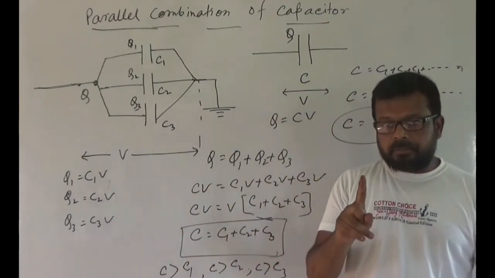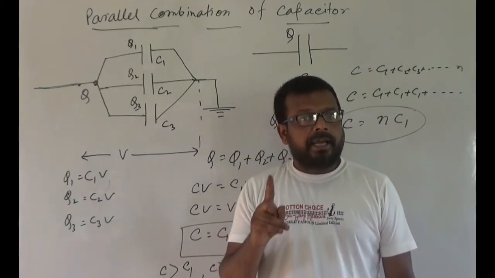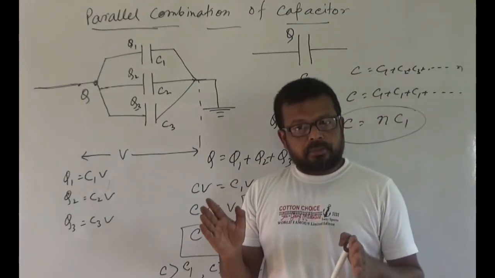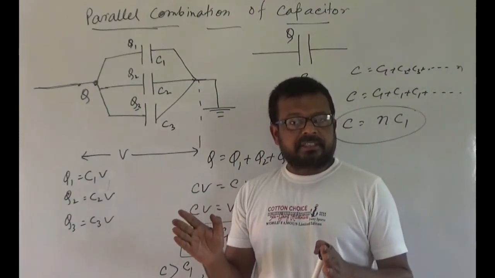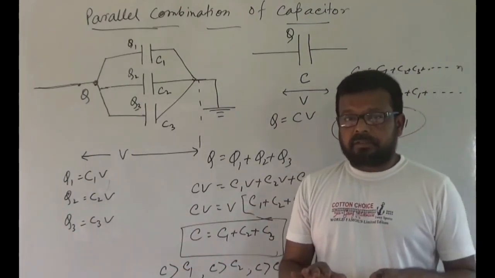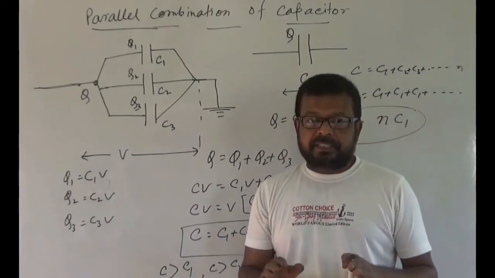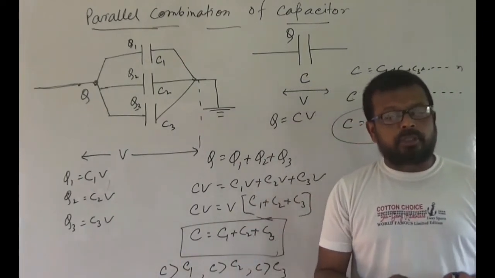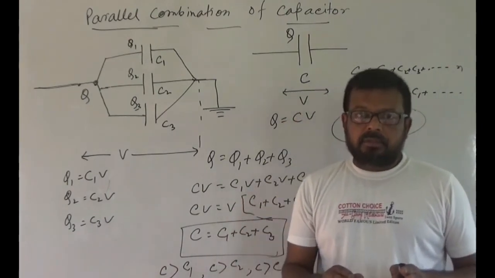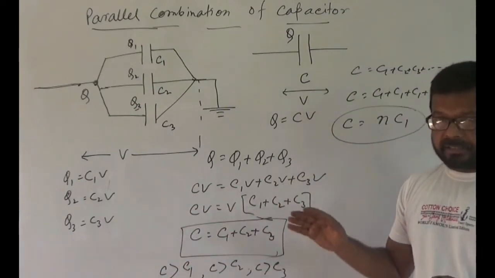First, for series combination you have to take that the charge on each capacitor is the same, and the total potential difference will be equal to the sum of the potential differences of each capacitor. And for parallel combination, you have to remember that the potential difference across each capacitor is the same, but the total charge will be equal to the sum of the charges on each capacitor. To calculate the effective capacitance, you have to remember these two things.